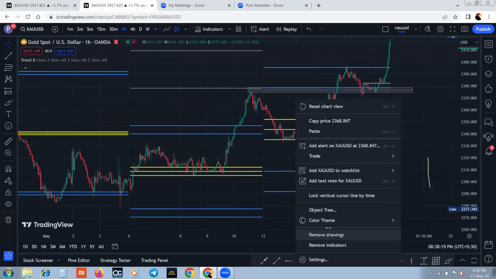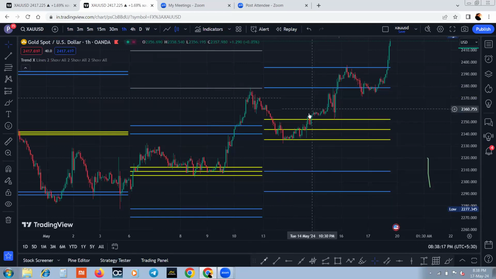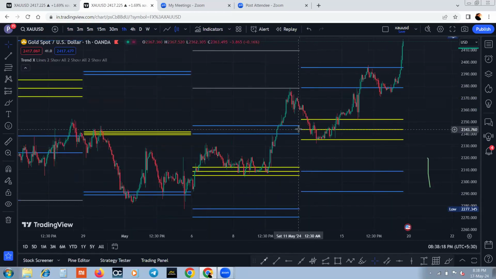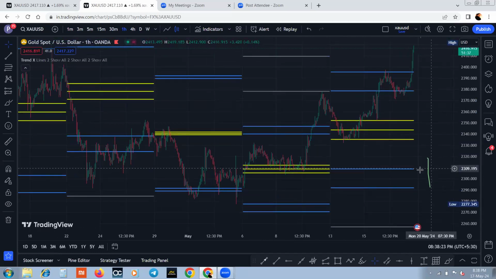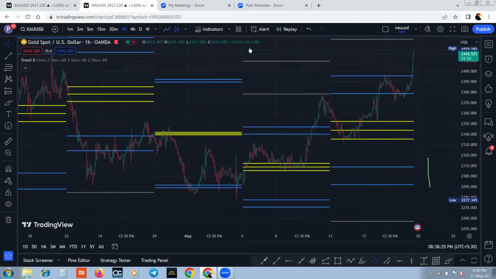Okay, 1 second. Now the major thing we are seeing here: whenever it comes to weekly, it has to be in 1 hour. If you are using weekly and using a 30 minutes or 15 minutes time frame, we cannot do that.